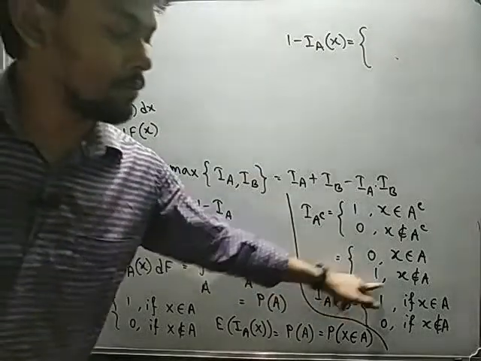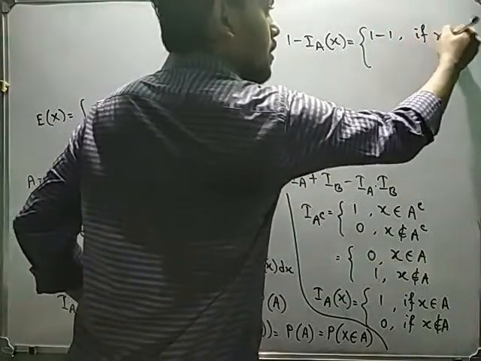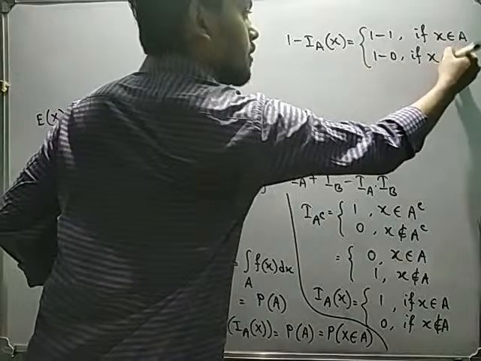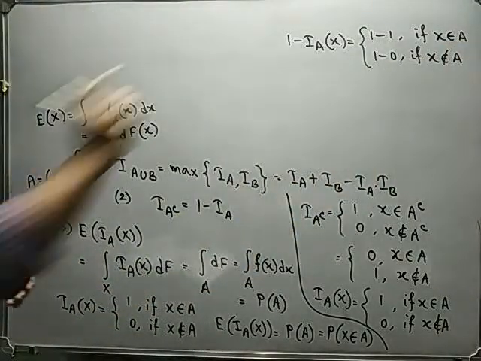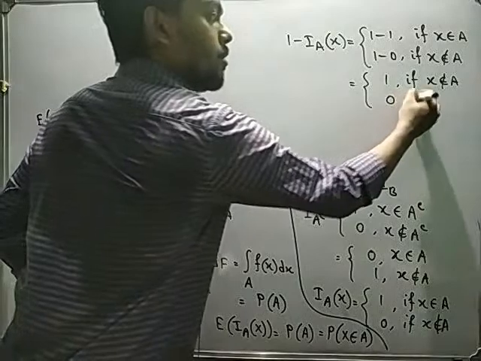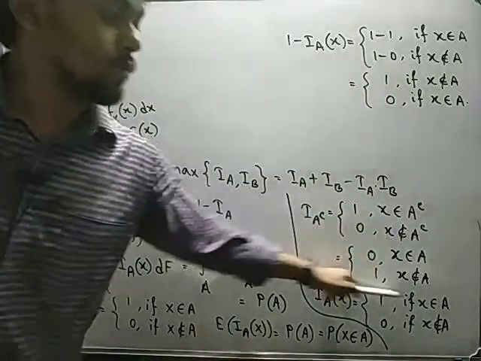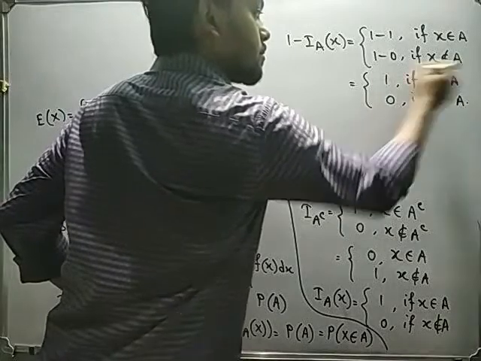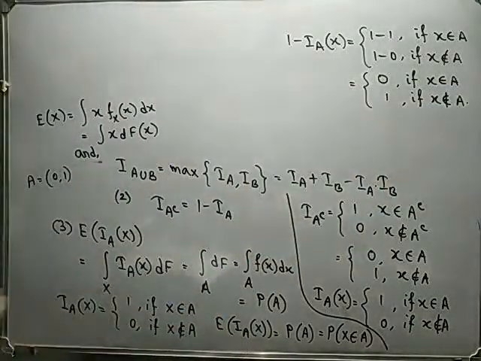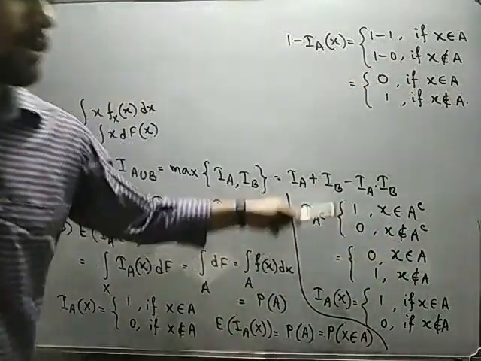It will be 1 minus 1 if x belongs to A, and 1 minus 0 if x doesn't belong to A. So it will be 1 if x doesn't belong to A and 0 if x belongs to A, which is exactly the form of I A complement.